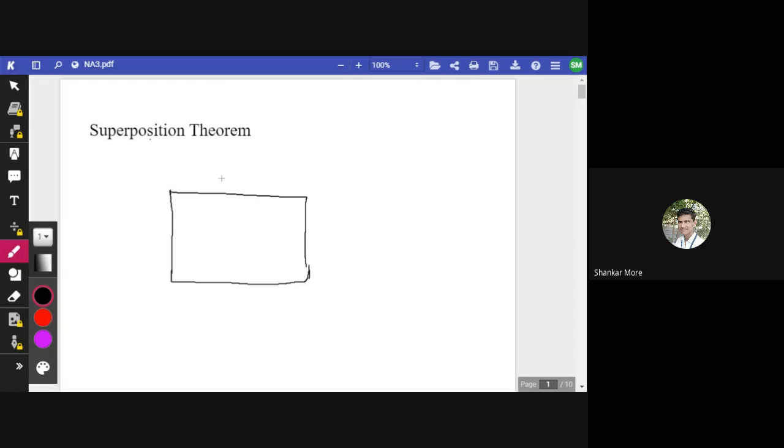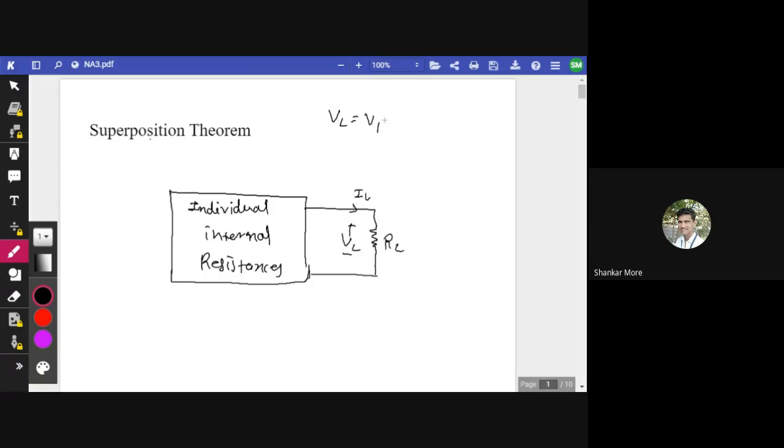It has individual internal resistances, and we have RL here, and it will be VL, voltage across load, and this will be IL. So VL will be equal to, guys, V1 plus V2 plus V3 and so on. IL will be equal to I1 plus I2 plus I3 and so on.